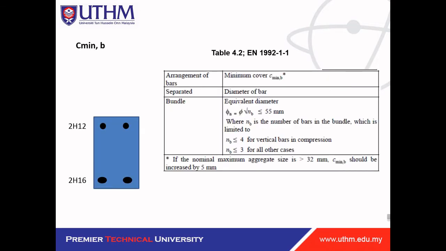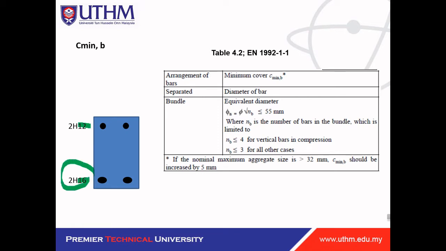So C min due to the bond, you can refer to Table 4.2 in Eurocode 1992, which is EC2-1-1. You can see the arrangement of bars gives the minimum cover C min. Let's say in this beam you have 2H12 and 2H16. Which diameter do you choose?